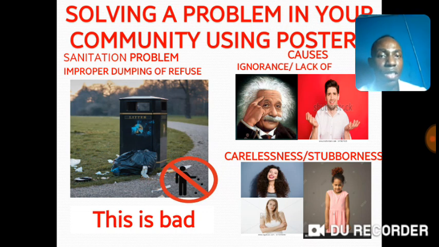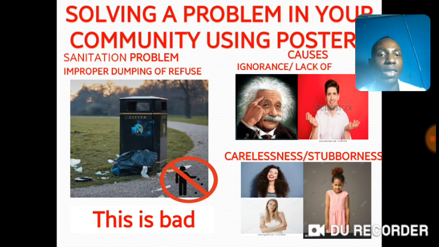Let's come to the picture on our left. That is on sanitation problem. And it talks about improper dumping of refuse. As we can see, someone has thrown or dumped refuse on the floor in a situation whereby there is a waste bin.